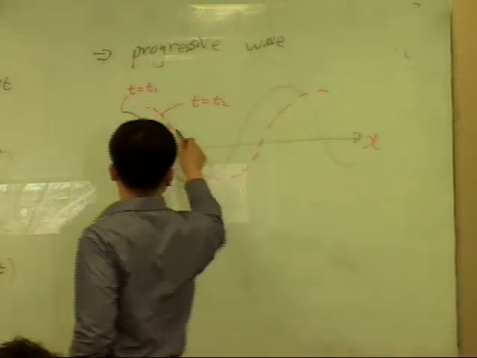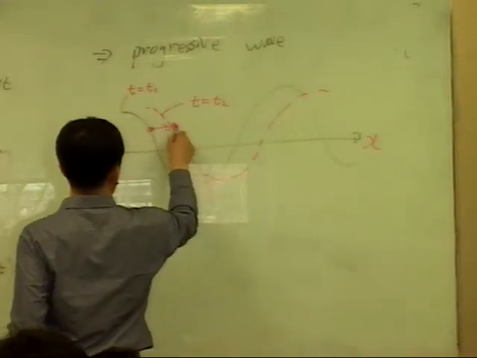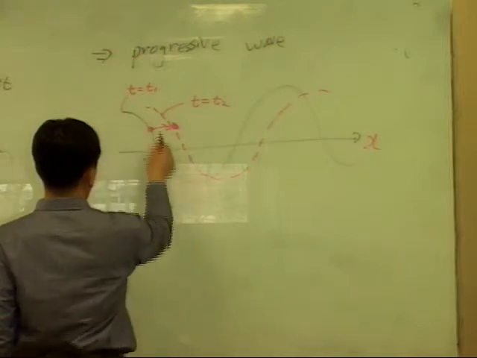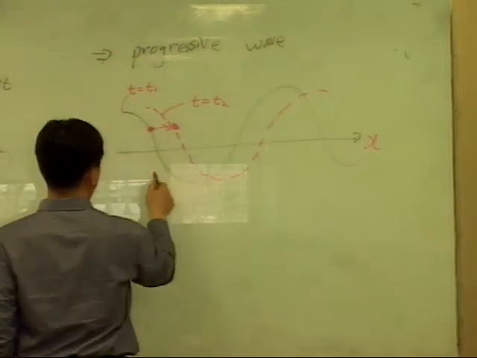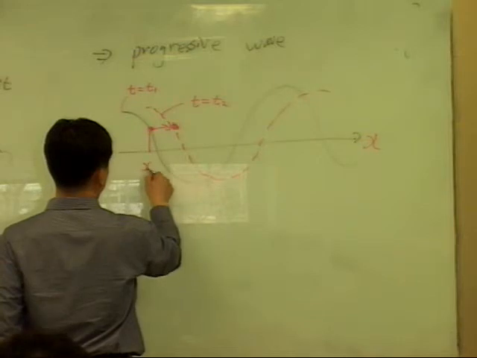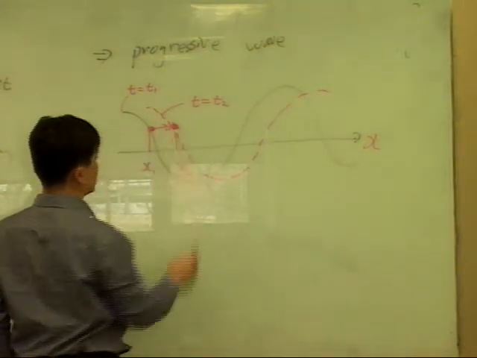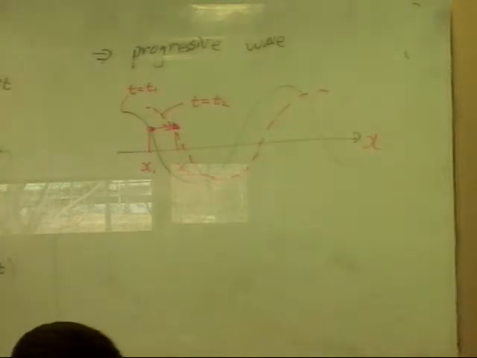So let's look at these two points. This point is x1, this point is x2. We have the same elevation, even though the position and time are different.